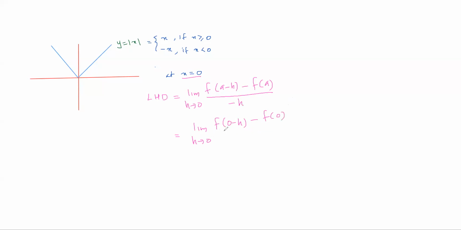So that is limit h goes to 0 of f of minus h minus f of 0, divided by minus h. Here f of x is equal to mod x.